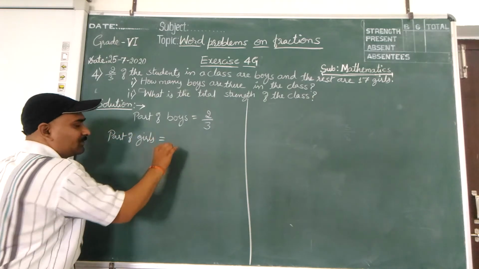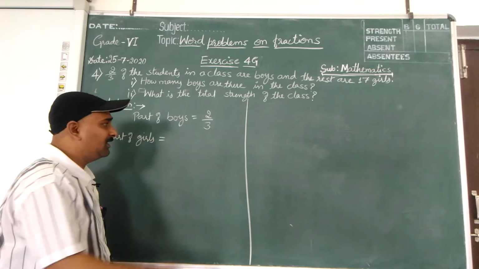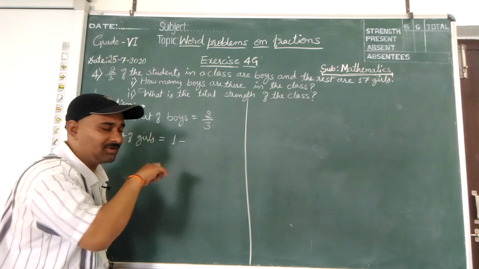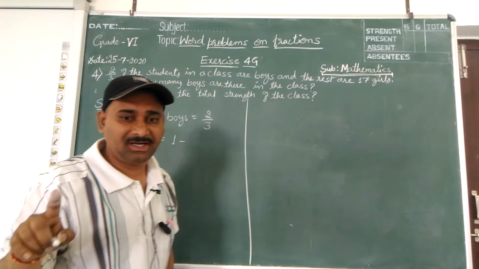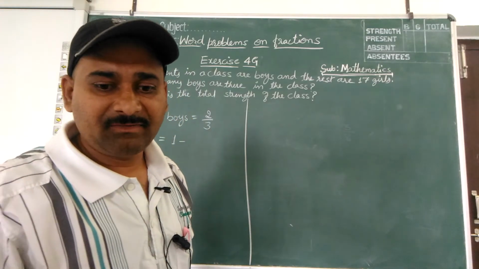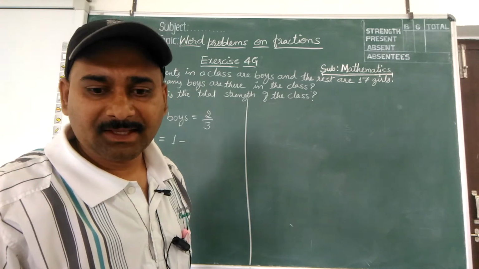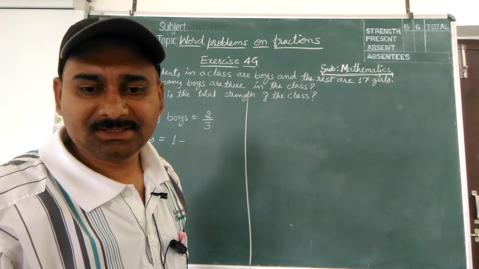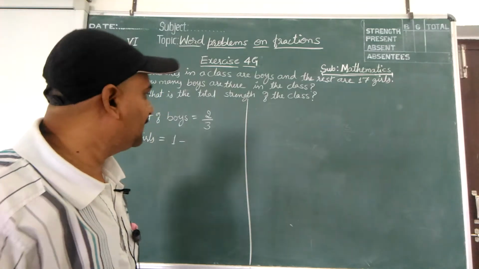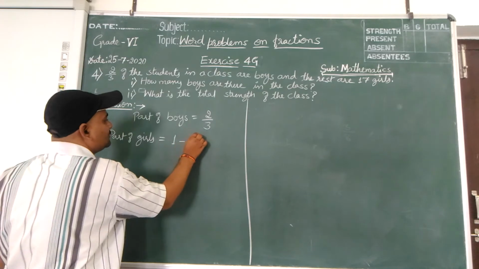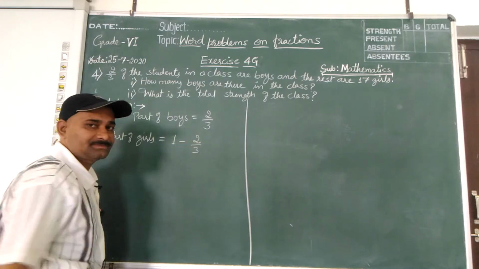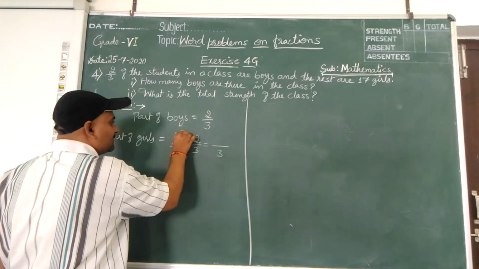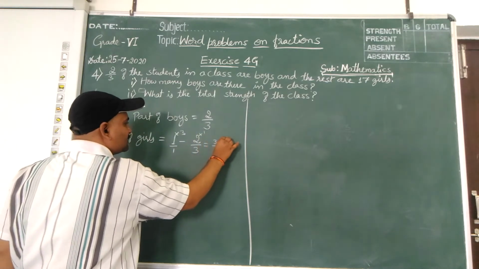As I said in the last question, how to find the part of girls? There also we subtracted from 1, 1 minus 5 by 8. So here also we are doing 1 minus 2 by 3. So 1, the LCM is 3, so 3 minus 2.